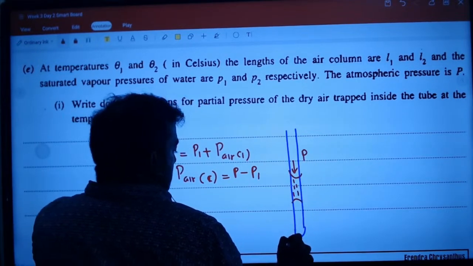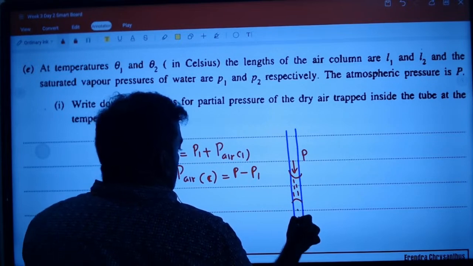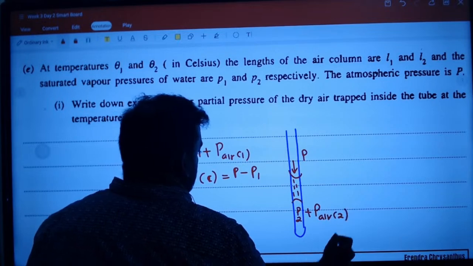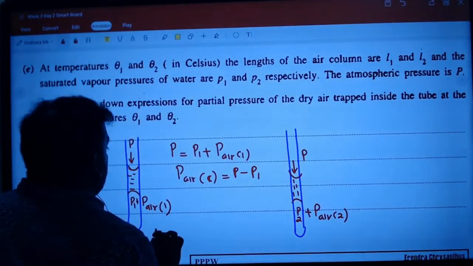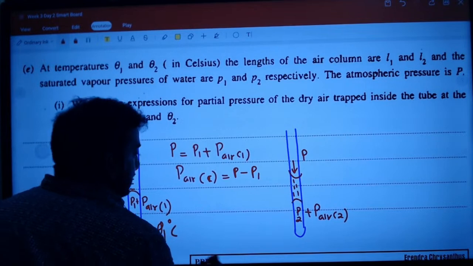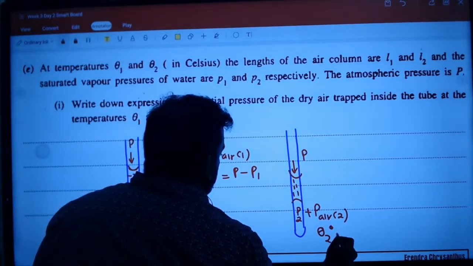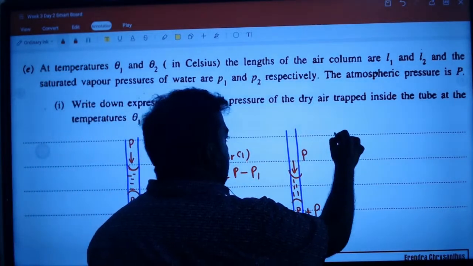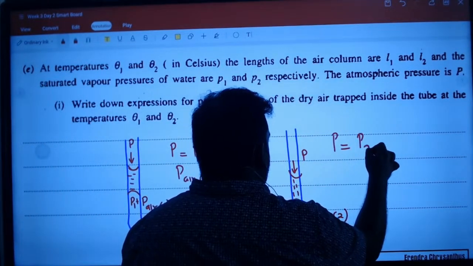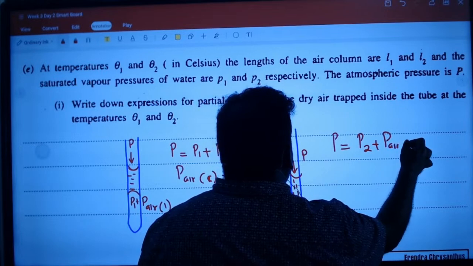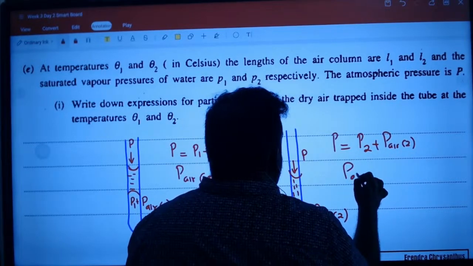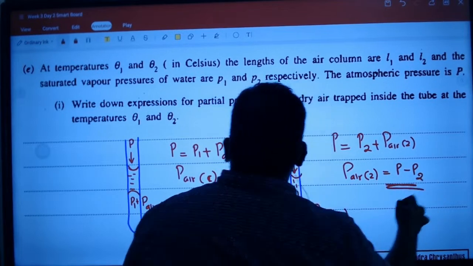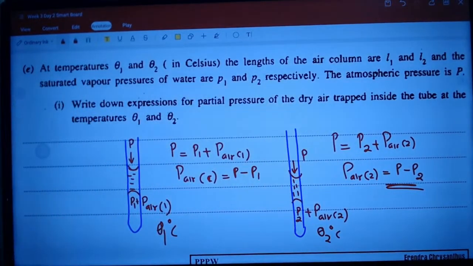Atmospheric pressure is P. Saturated vapor pressure is P2 plus air pressure at the second instant. Here temperature is θ1 Celsius. Here temperature is θ2 Celsius. The length is negligible, so we can say P is equal to P2 plus air pressure. Air pressure is P minus P2. There you go. It's P minus P1, and that is P minus P2.